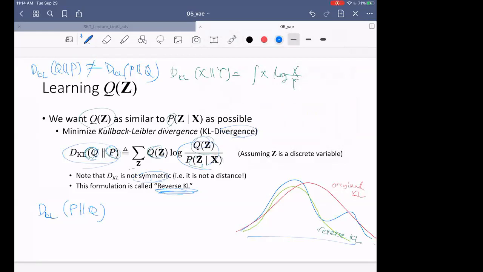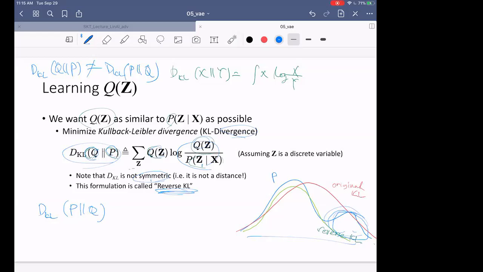For example, if you use the reverse KL, then you won't be able to describe this region here. There's obviously a mode, a positive amount of information in this region, which is a true P, and because you're using a reverse KL, you're completely ignoring this mode, and you won't be able to draw Z that describes this region.